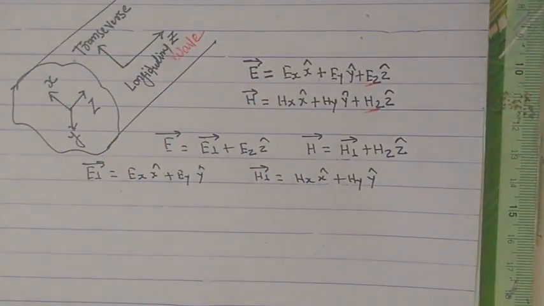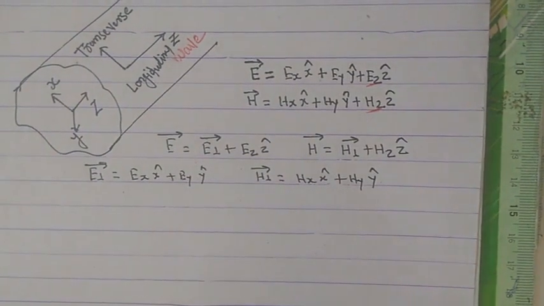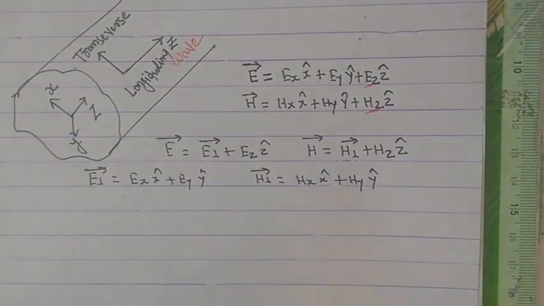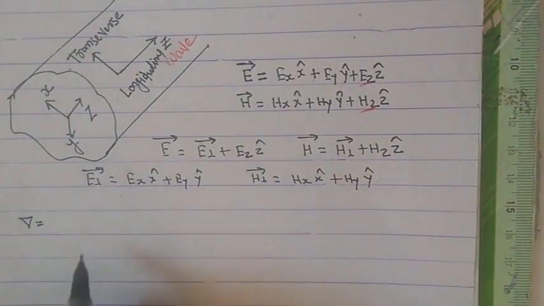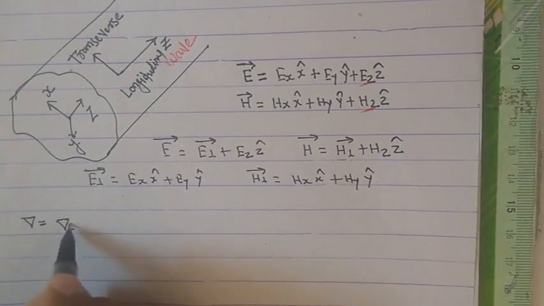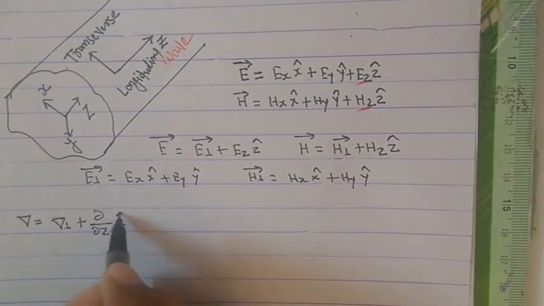Now let us write a special operator in longitudinal and transverse form, which is del. Del is a special operator. Again, you can write it as del transverse plus del by del z of z.